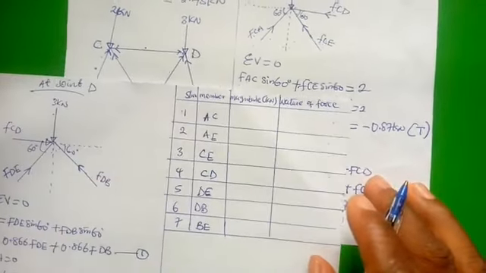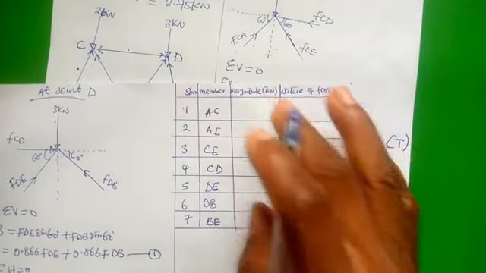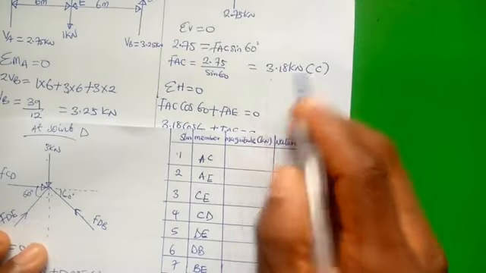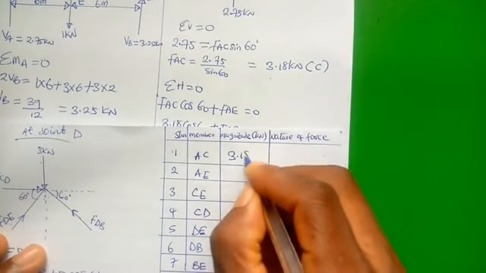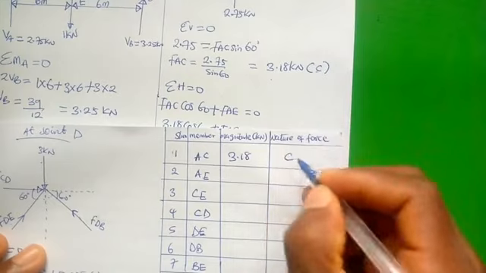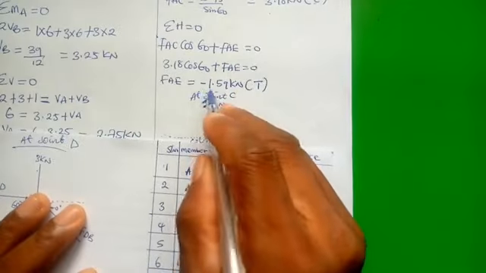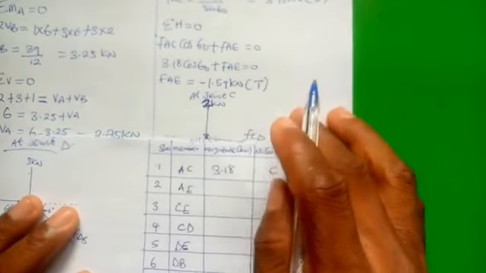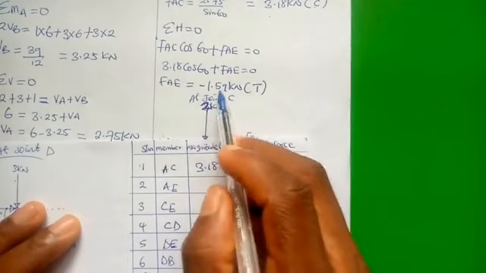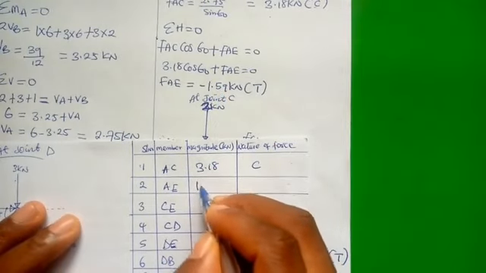Okay, let's revisit what we calculated and know what the magnitude of the forces are. For member AC, we got 3.18, and we said it's compression. Then for member AE, we got minus 1.59. Remember, you're not going to write this minus here because there's no negative force.